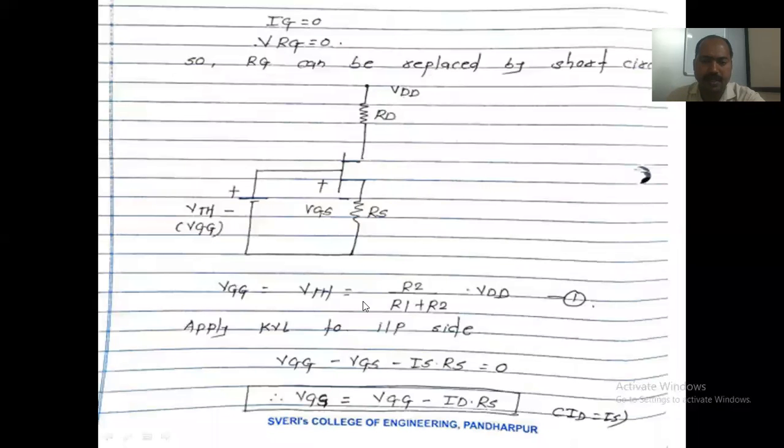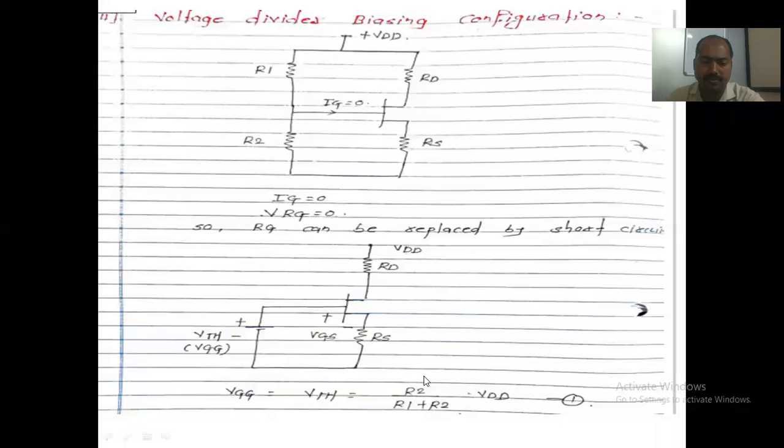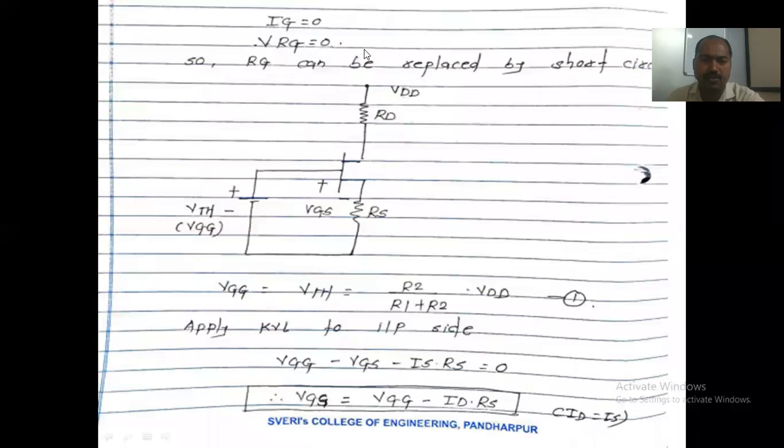Now we have seen that in that equation, the current flowing through the device is 0, right? So this is 0, which indicates that the product of current and RG is also 0. That's why we take it as a short circuit.